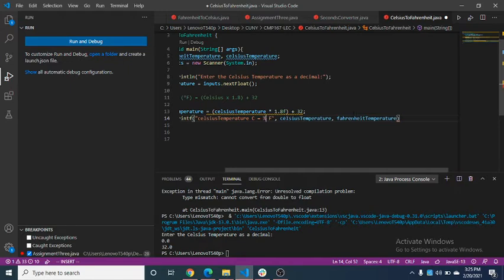So percent sign, we use the precision portion of the specifier, which is the dot. We say 1F. So that will print out decimal numbers to 1 decimal place, 1 place after the decimal.